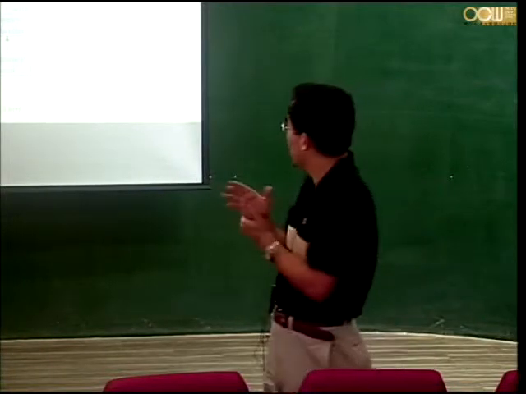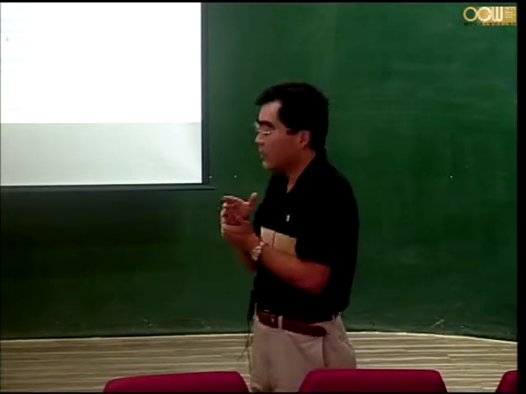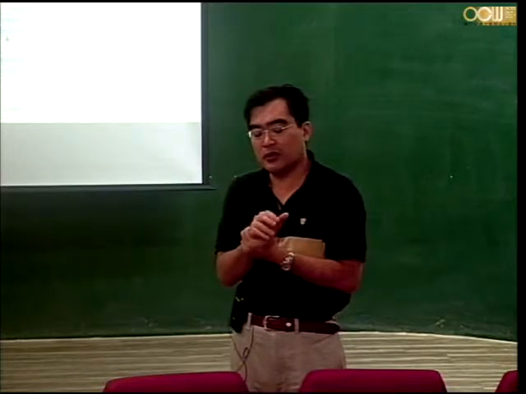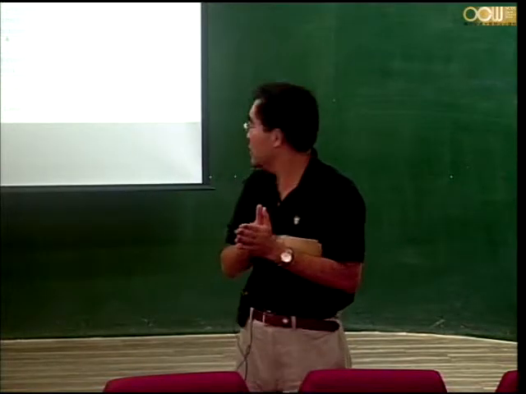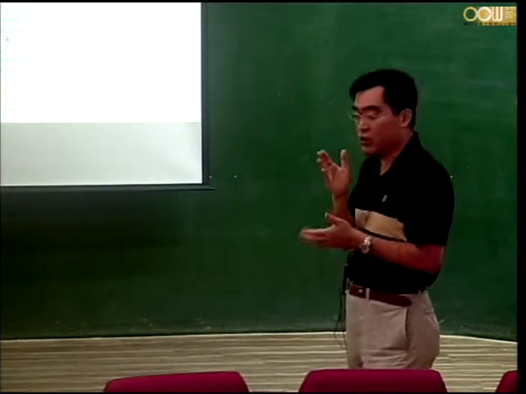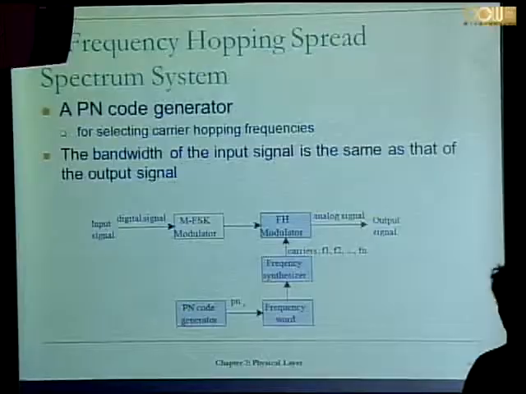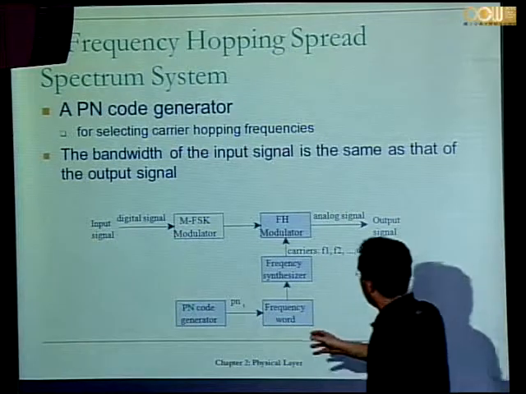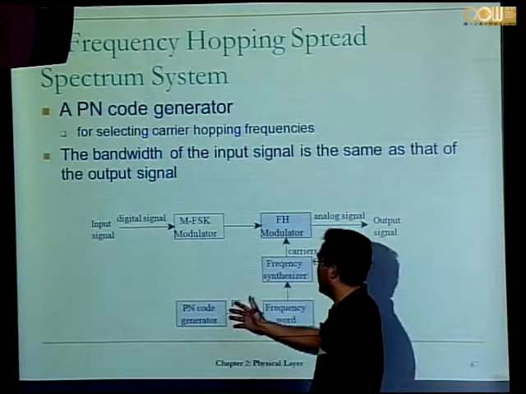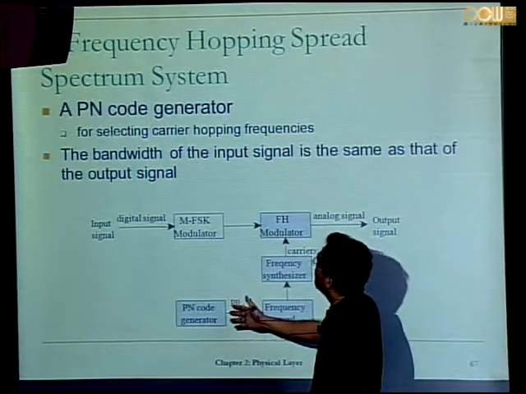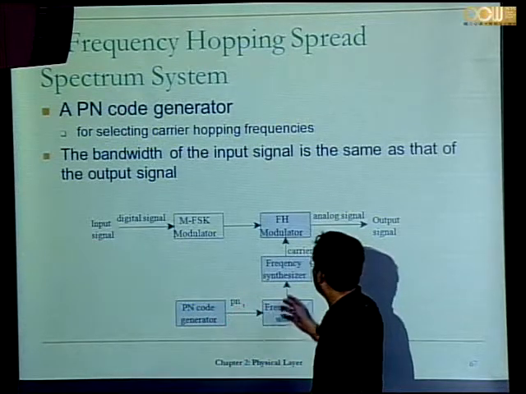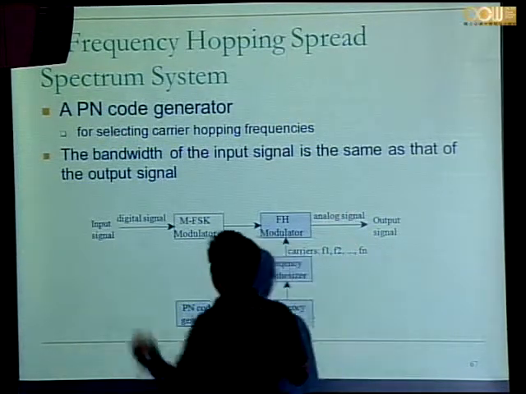So the hopping frequency cannot be too high, meaning the number of frequencies couldn't be too high. So here's how. It says that you still have a PN code. You still have the PN code generator, okay? And then this is the data signal.